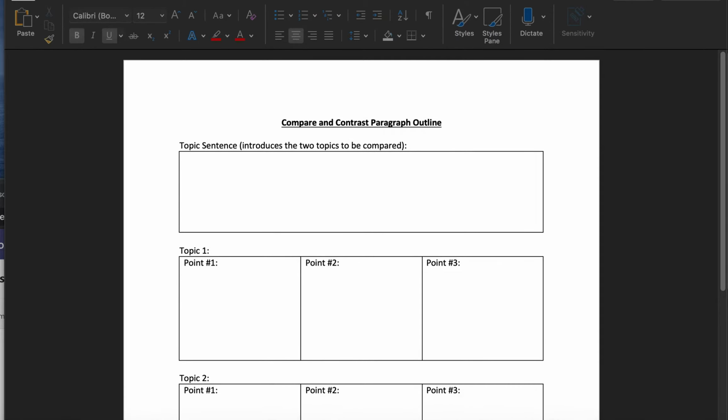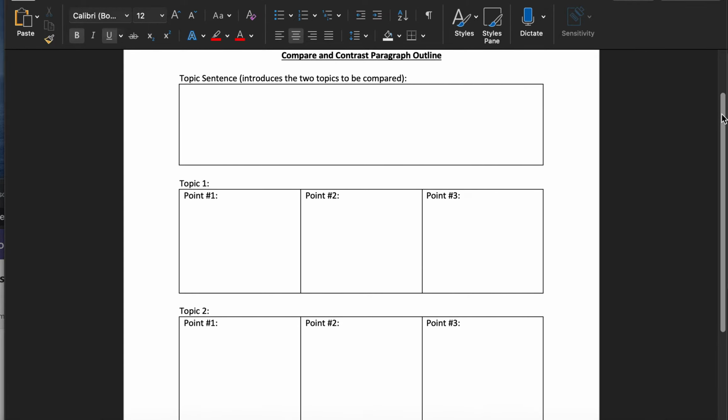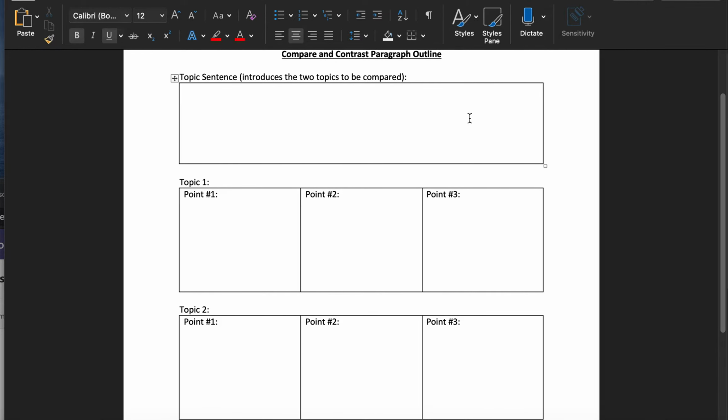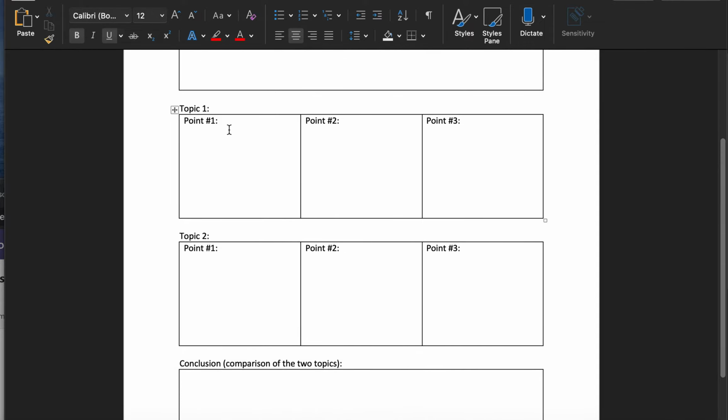Another good resource here is a compare and contrast paragraph outline. Starting off with a topic sentence, as we do in all writing, all paragraphs, even essays, it starts with a topic sentence. What are the two topics that are going to be compared? Then followed by a brainstorm on topic one.